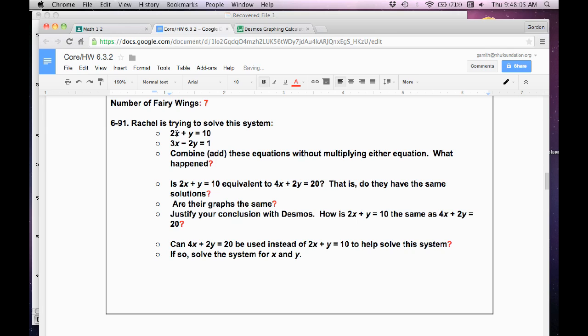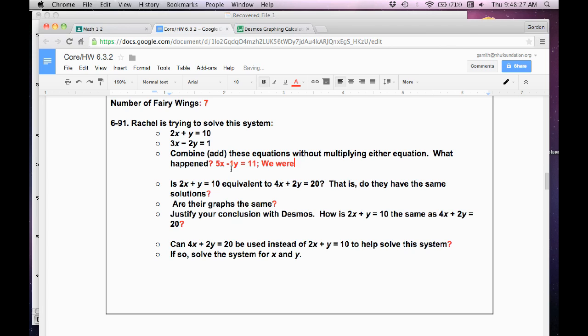We would get 2x plus 3x would be 5x, and then y plus negative 2y would be negative 1y, and that would be equal to 11. So what happened here? We were not able to eliminate one of the variables. We still have both variables.